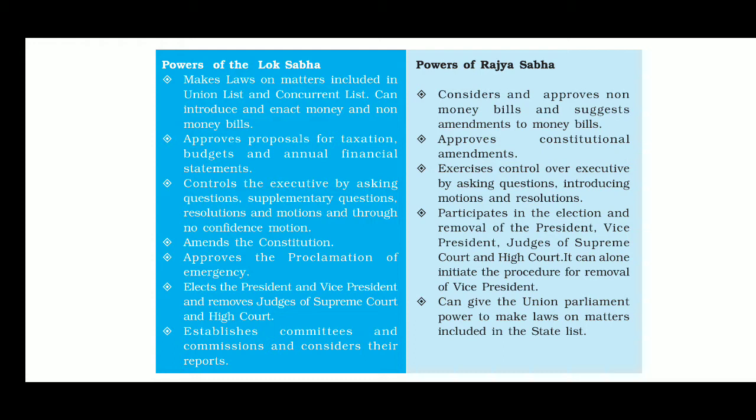Makes laws on matters included in the Union list and concurrent list, can introduce and enact money and non-money bills, approves proposals for taxation, budgets and annual financial statements, controls the executive by asking questions, supplementary questions, resolutions and motions and through no-confidence motion, amends the constitution, approves the proclamation of emergency, elects the President and Vice President.